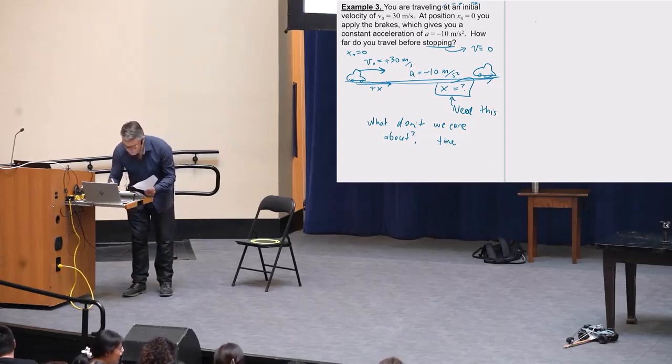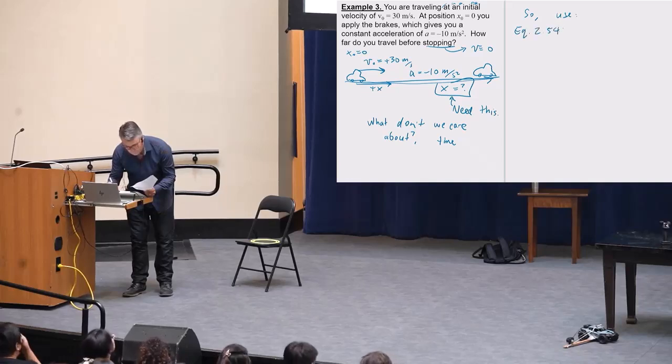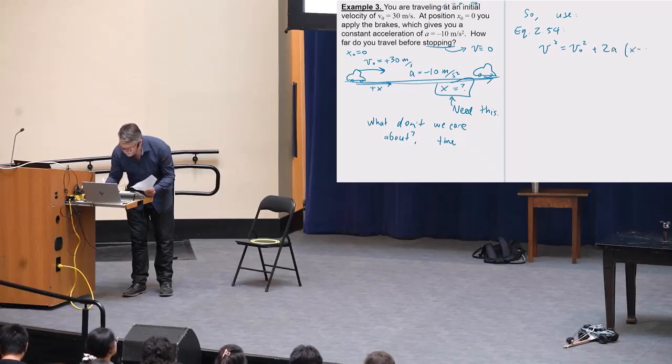So let's use the equation that doesn't have a t in it. It's 2.54, which was v squared equals v initial squared plus 2 times a times (x minus x0). But don't forget x0, we defined that to be 0.